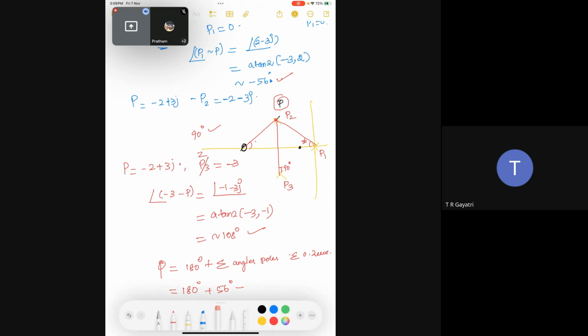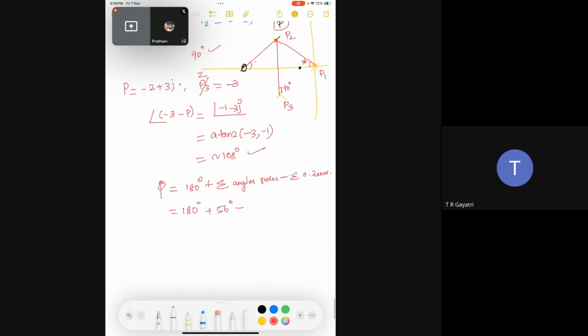This will be minus, okay? Minus of minus 180 degrees. Okay. 108. Put 108 minus of 108 degrees.